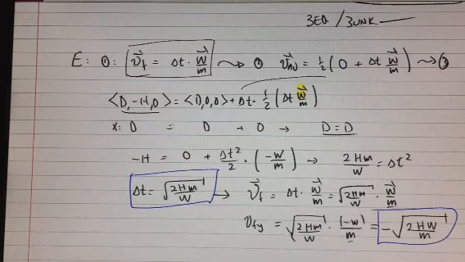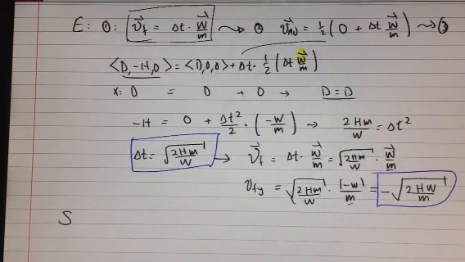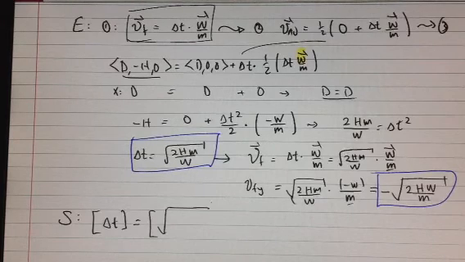I see that we're already at 12 minutes, but we're not done until we have got the skeptical review. First thing is check the units of delta t. I have got the units of square root. The 2 doesn't have any units, so I'm not going to worry about that. The h is meter, the m is kilogram, and the weight is a newton, which is a kilogram meter per second squared.